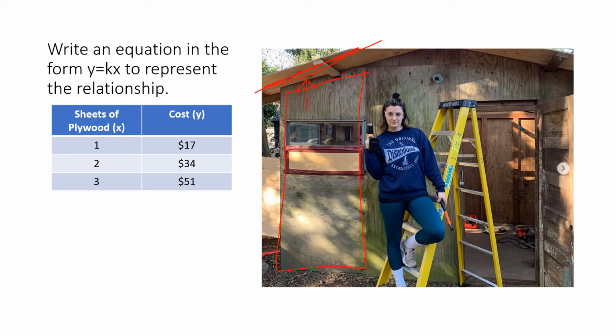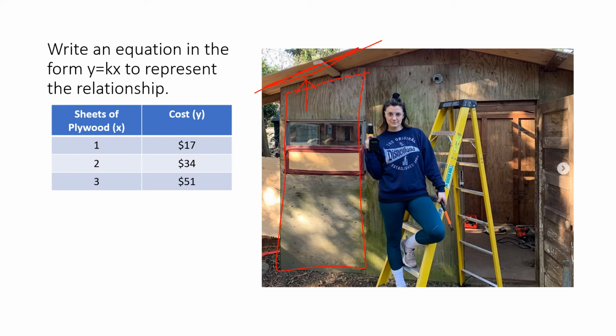So in buying plywood, obviously it costs money, and for one sheet of plywood that we bought, it was $17. So this is a proportional relationship because every time that you divide the cost by the number of sheets of plywood, you're going to get 17. Even if we buy 3 sheets of plywood, it's still $17 per sheet.